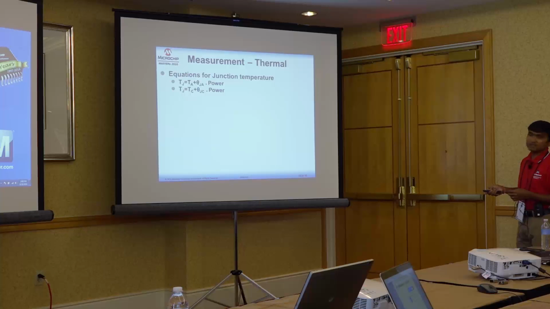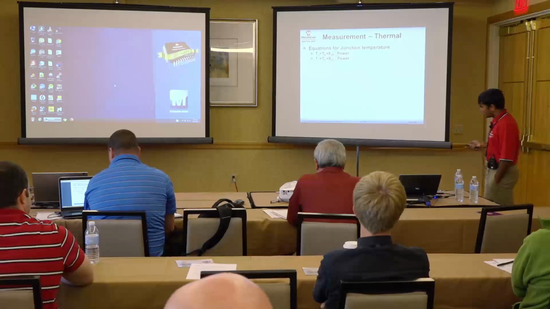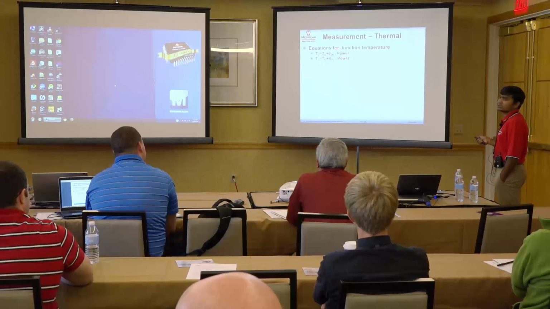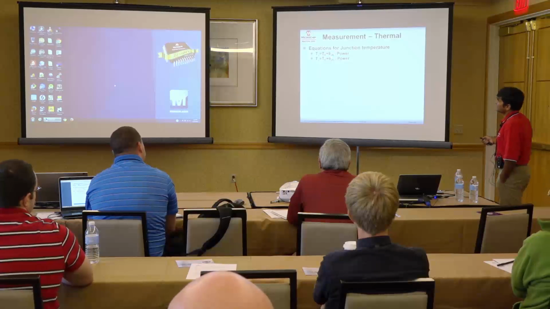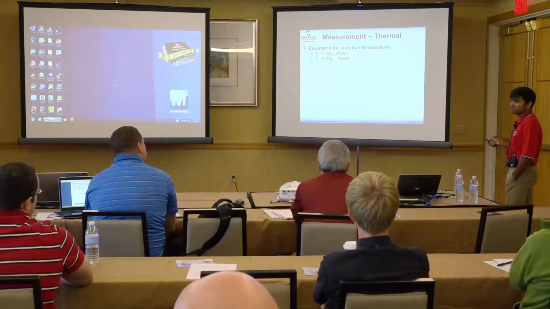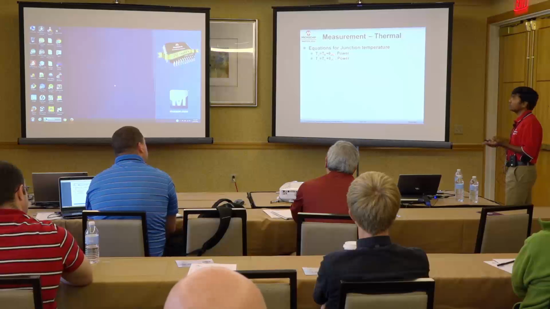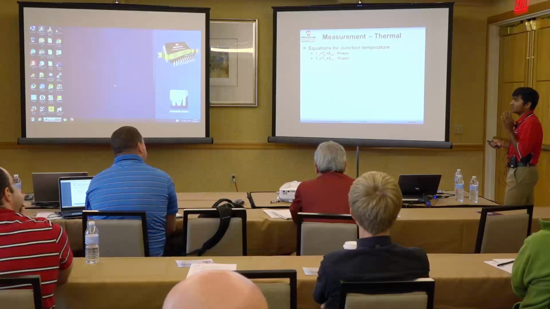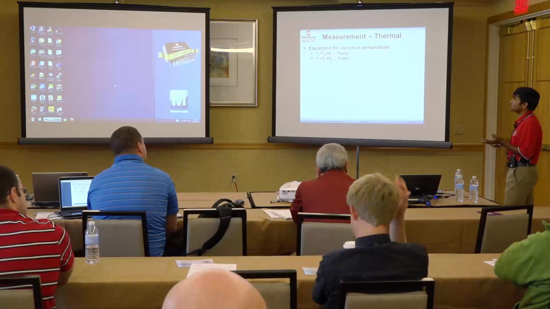One of the other measurements we need to do is the thermal measurements. In a lot of our data sheets, we denote the junction to ambient thermal resistance and also junction to case thermal resistance. You can measure the ambient temperature, and if you know how much power is being dissipated in your package, you can calculate the junction temperature of the IC at that particular operating condition by using this equation.